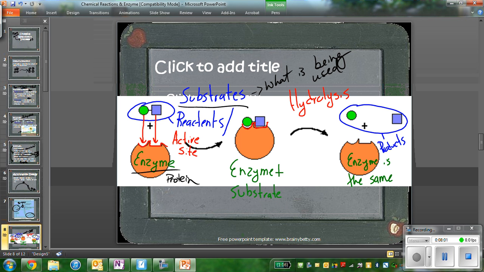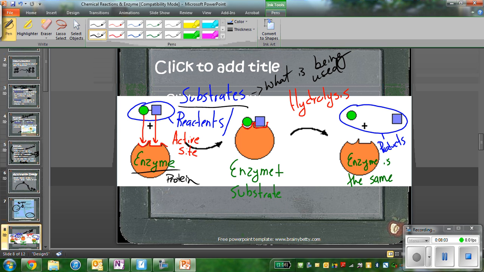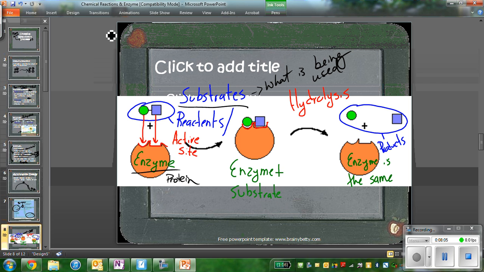In this example, we're just using a square and a circle. That's still okay. Our enzyme is going to take that in, and then through a hydrolysis reaction, which we know breaks things, the enzyme is going to bond with the substrate and break those reactants into separate products, okay?